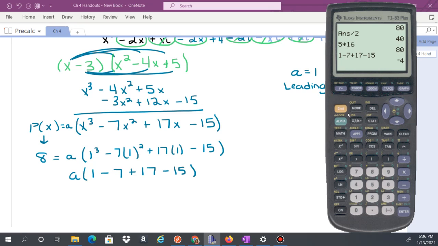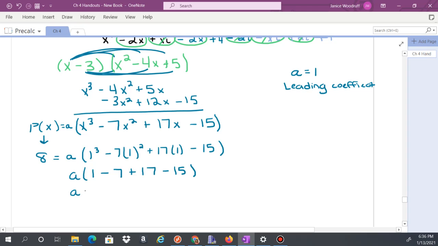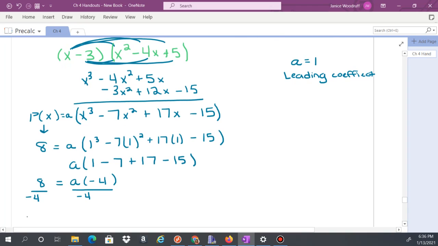Negative 4. Okay, so we get negative 4 in this case. So we have a times negative 4 equals 8. So we solve for a, divide by negative 4. Okay, that gives us negative 2. So we have an a value of negative 2.